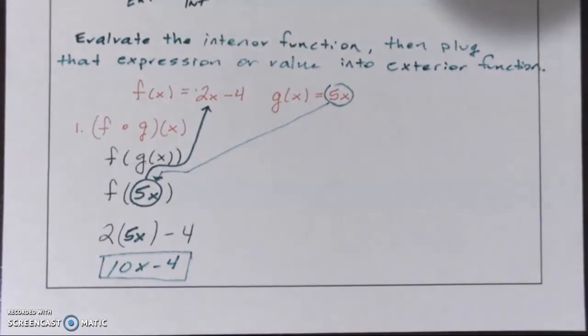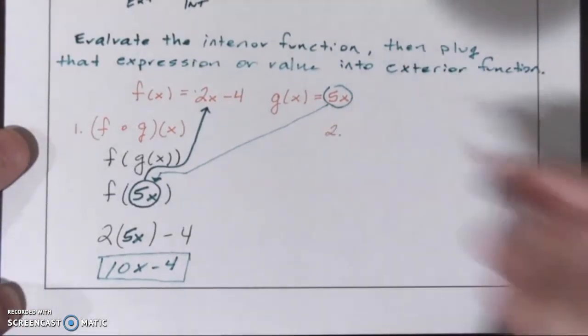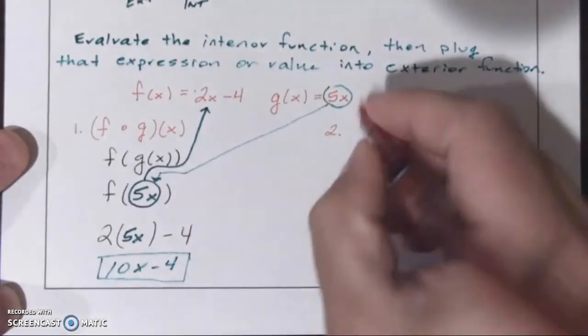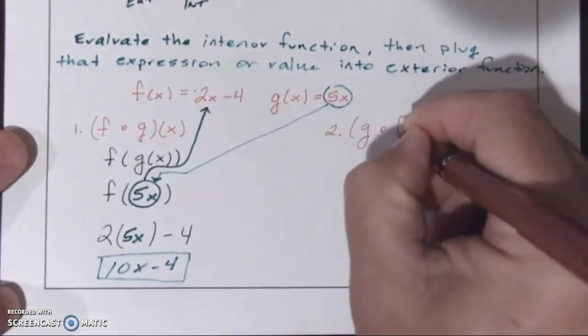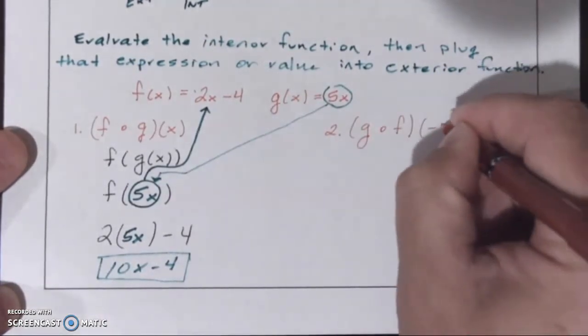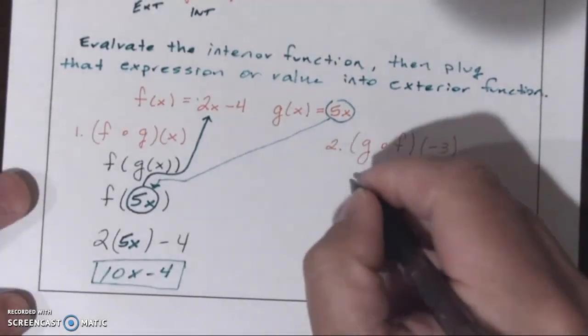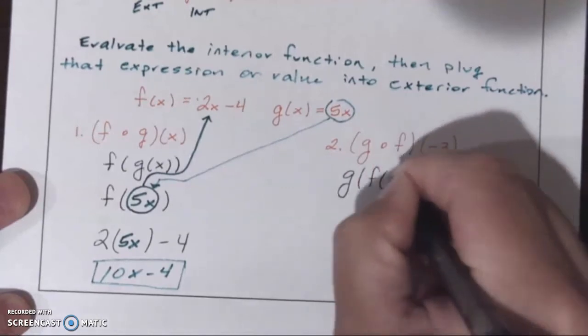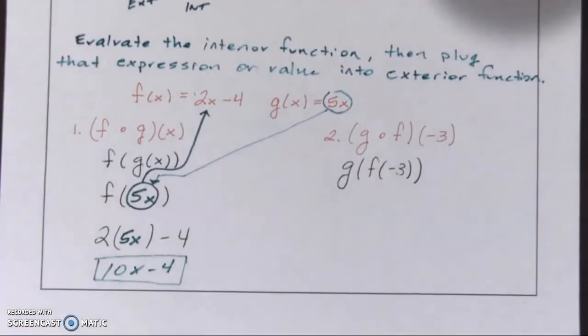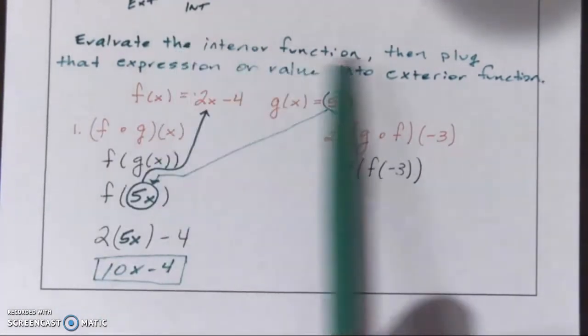We can also do things like this numerically, where we're actually evaluating for a function. Let's switch it up and let's go g of f of negative 3. Again, my suggestion, let's rewrite this as an interior and an exterior function. Evaluate the interior function first.